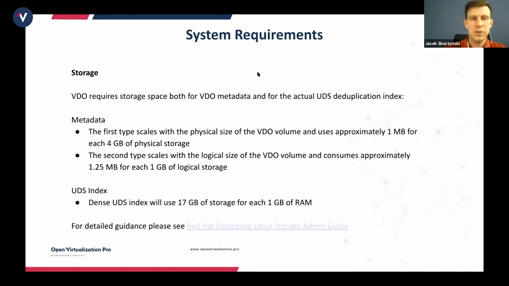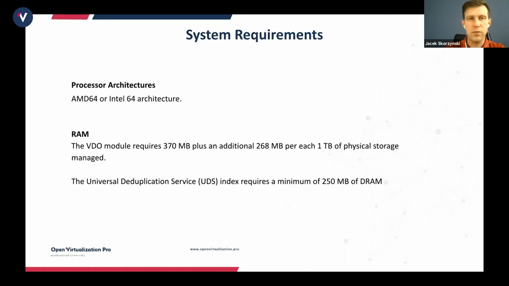From the memory perspective, could you please go back one more? VDO needs, of course, some memory, and it's also tunable. But with the default settings, you need to have at least 370 megs for VDO itself, plus 268 megs per each terabyte of your VDO storage.